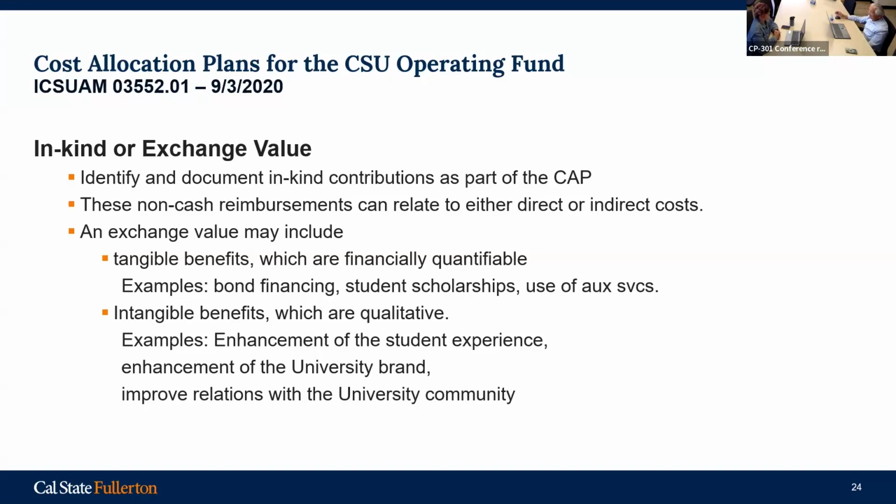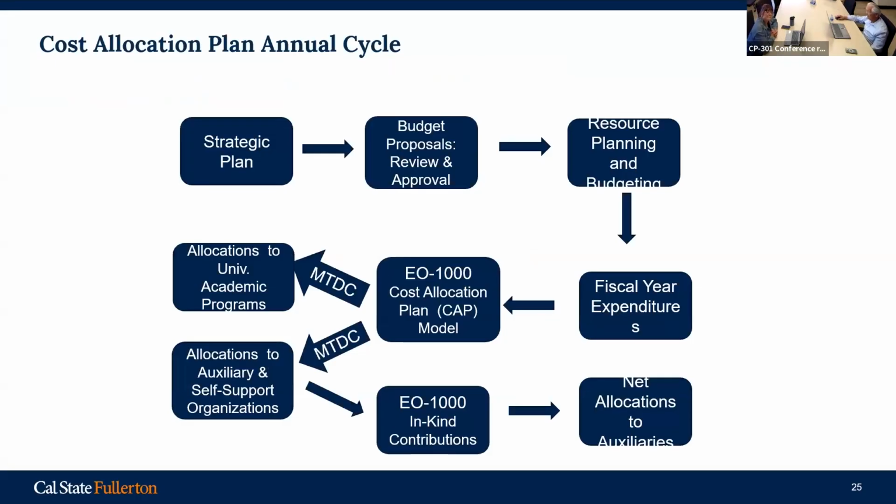And this is another view, a macro view of the cost allocation plan. Again, we start with the mission and with the strategic plan. The strategic plan has goals and objectives, and that is formalized in terms of budget proposals. Each department, each dean, proposes their budget and the operational budget, and then this gets aggregated from department level to VP.